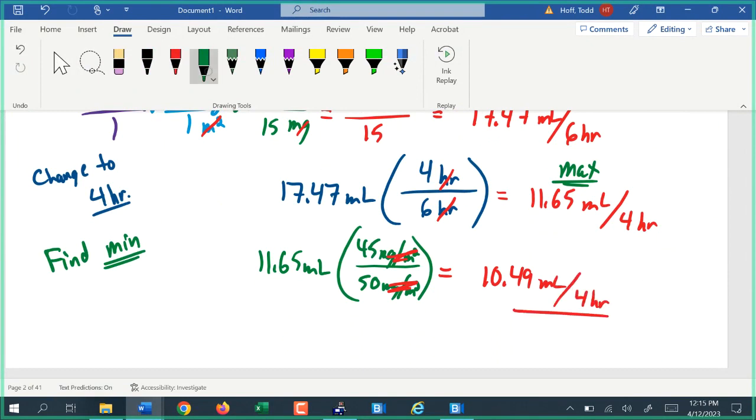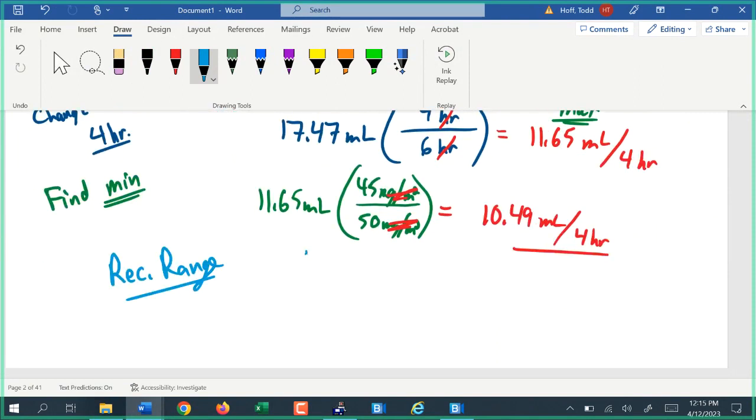So our recommended range for this medication with this patient is 10.49 milliliters every 4 hours to 11.65 milliliters every 4 hours.